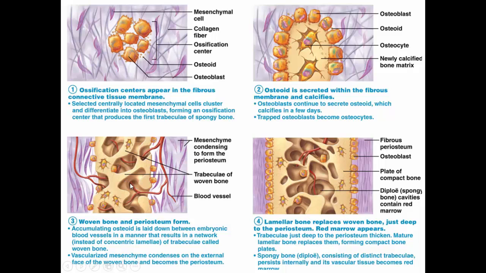The blood vessels that come in act as ways for that spongy bone to be laid down, and we make the trabeculae and leave the holes, and these blood vessels eventually will deposit the red marrow in this place. The mesenchyme becomes the periosteum. Some of these osteoblasts lay down cancellous bone. Some of the osteoblasts begin to develop compact bone here, so we have our compact bone shell and our spongy bone center.